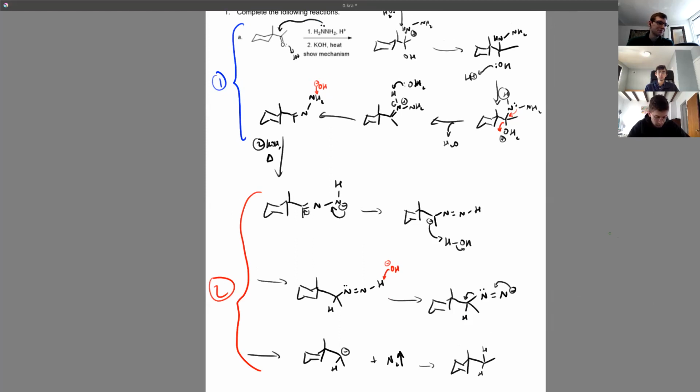It's also a pretty harsh reaction. You really have to use a lot of base and heat to be able to do this, because you have to pull hydrogens off of a nitrogen, just yanking them off. That's pretty tough to do. So this is a pretty intense reaction.